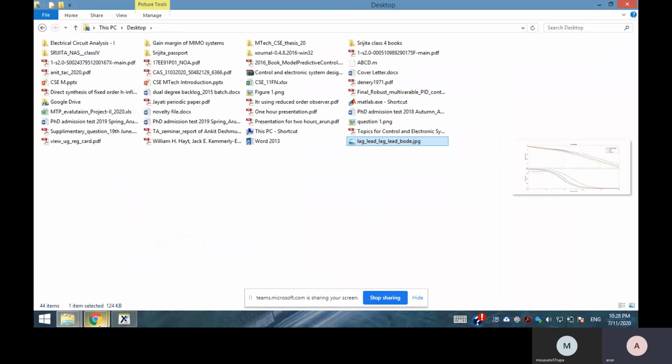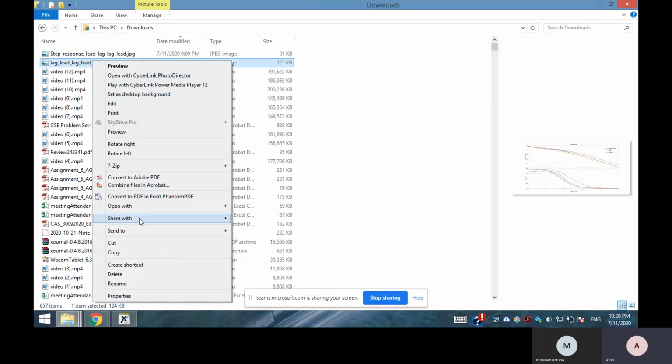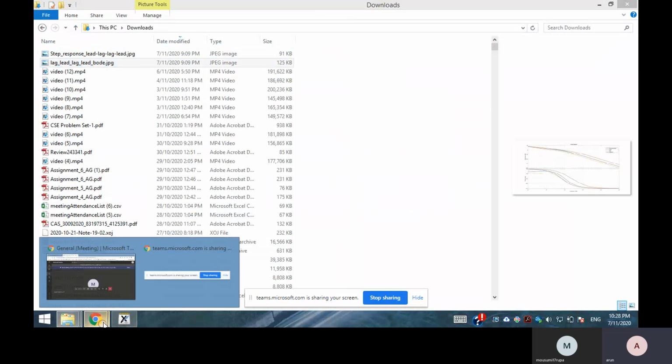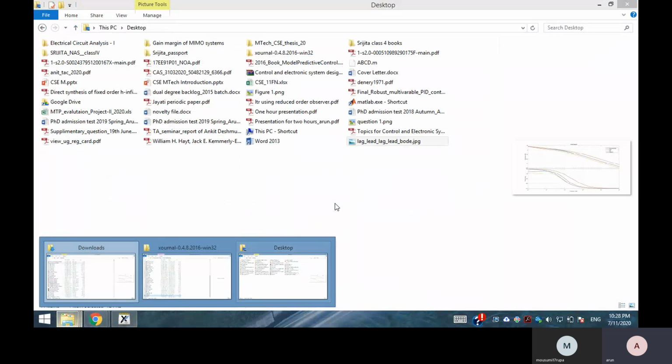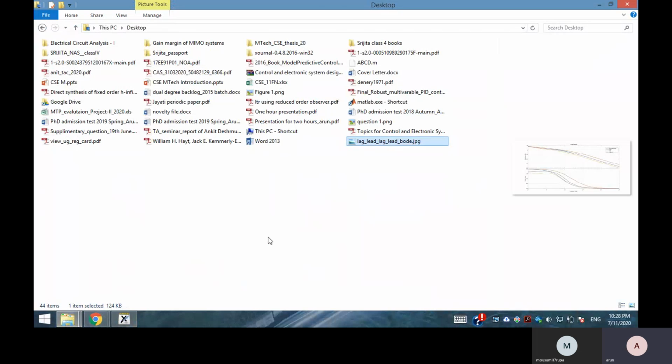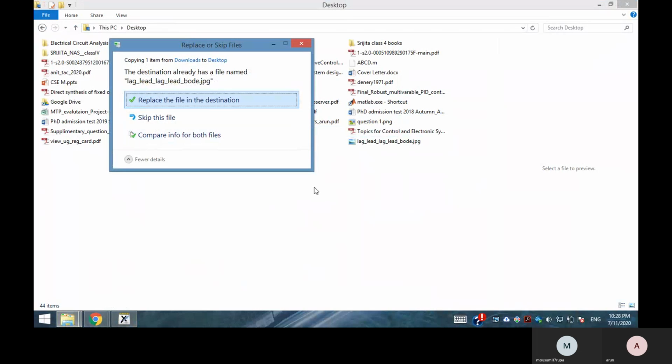The other file is there. Copy. I'll save there in the desktop, the same thing I copied.